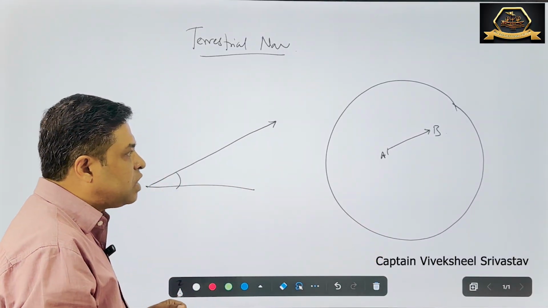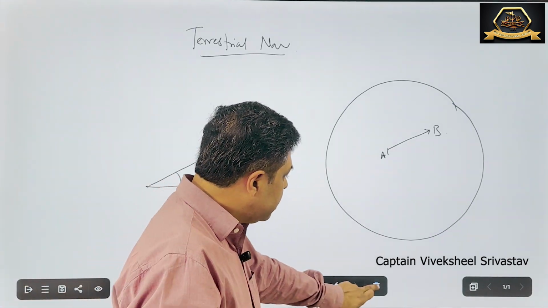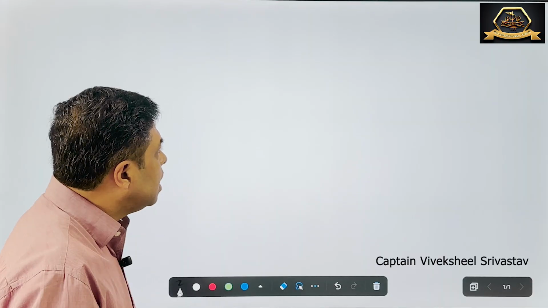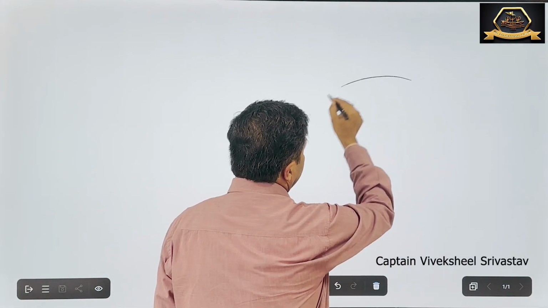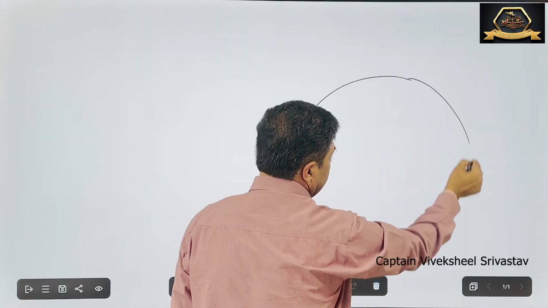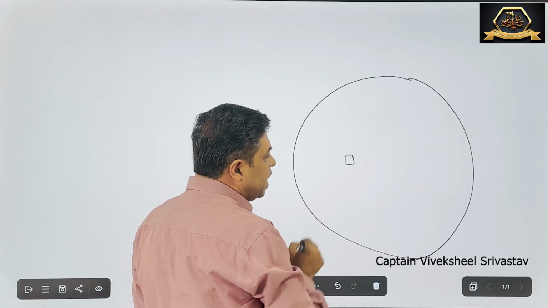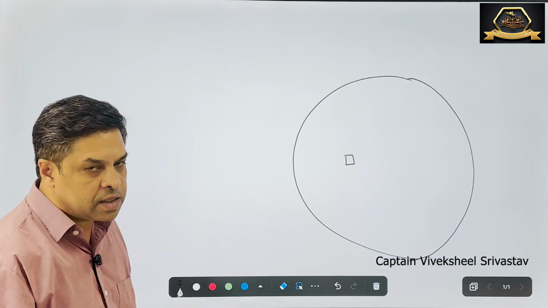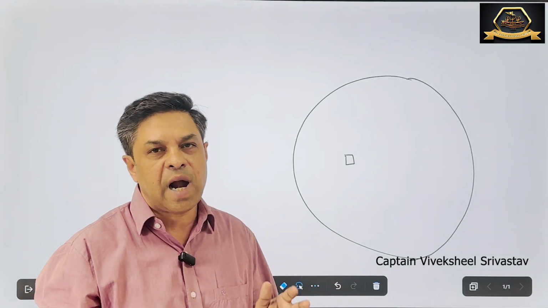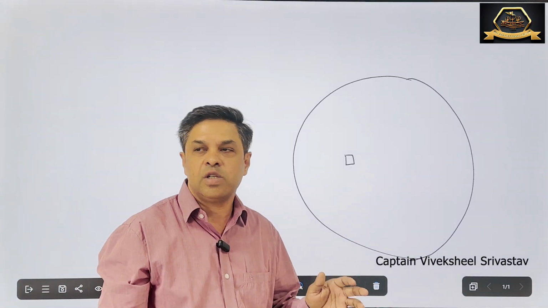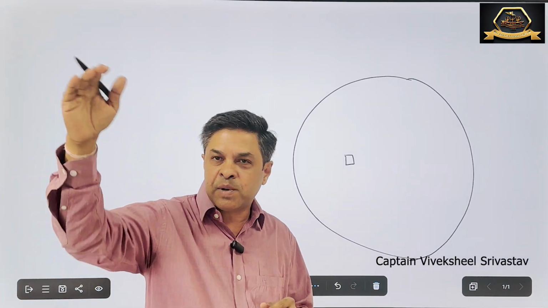But now transferring that data to a chart is a little tricky. If we talk about small portions of areas on the face of the earth, they can be practically assumed to be almost flat, because you can see all around you that the oceans are flat up to a certain range.